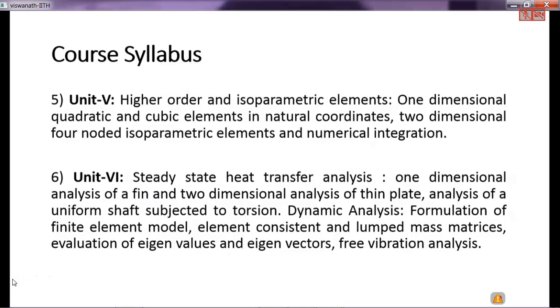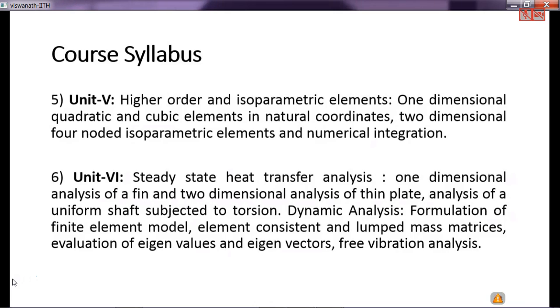In the first part of Unit 6, we'll be talking about non-structural problems like heat transfer problems, using analysis of a fin or a thin plate in 1D and 2D respectively, and we may also study structural problems like a uniform shaft subjected to torsion. This is the first part of the sixth chapter.